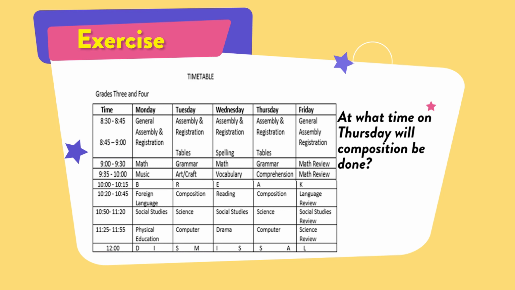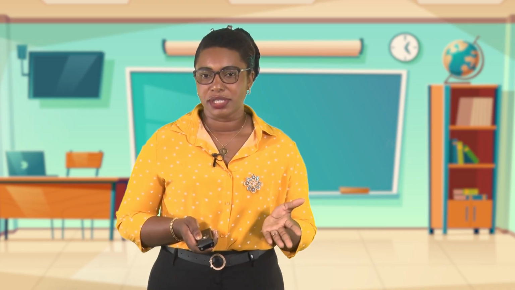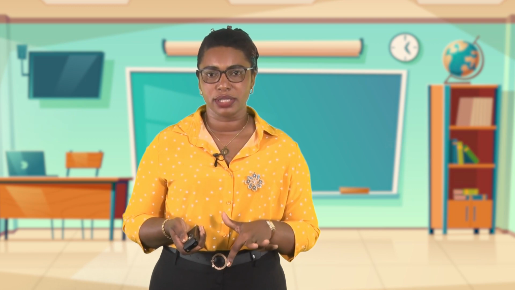So we come to Thursday, we come down on the timetable, we find composition, and then we go back across to our time column, and we see there that composition will be done between 10:20 to 10:45 on Thursday. So there you have it. Composition will be done at 10:20 to 10:45 on Thursday.